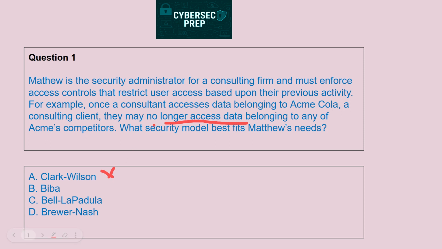But again, here we are talking about the confidentiality part. The question is saying, what security model best fits Matthew's needs, where when someone accesses one client's data, they can no longer access the competitors of that client. So again, Biba is not a good choice.